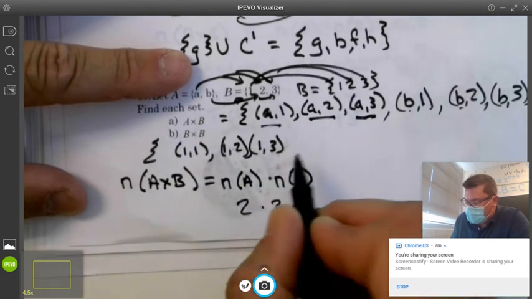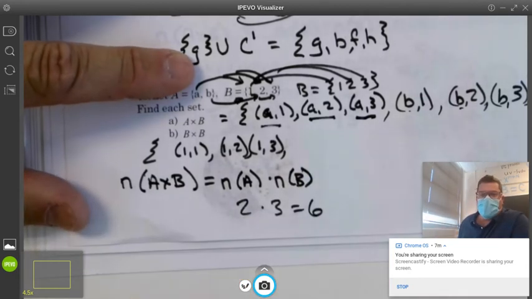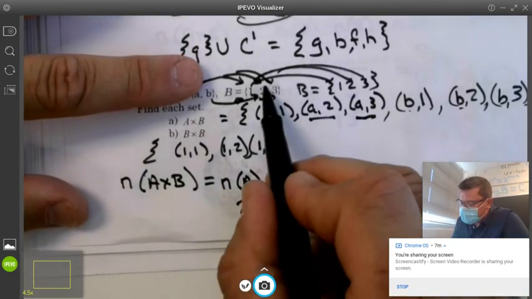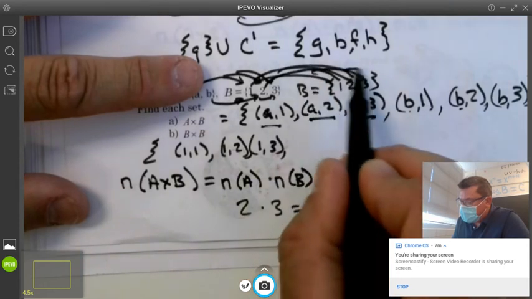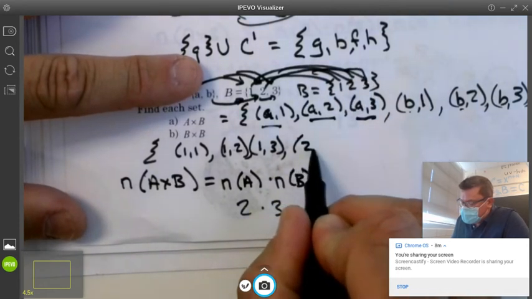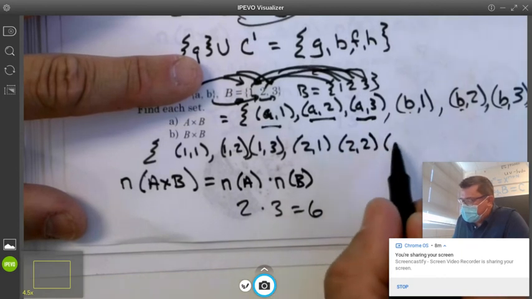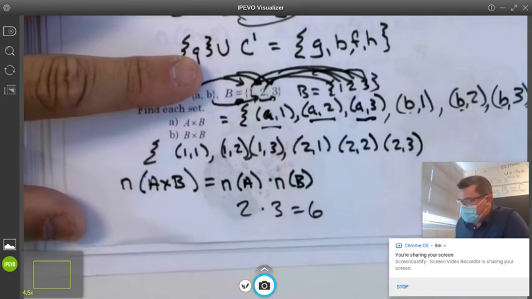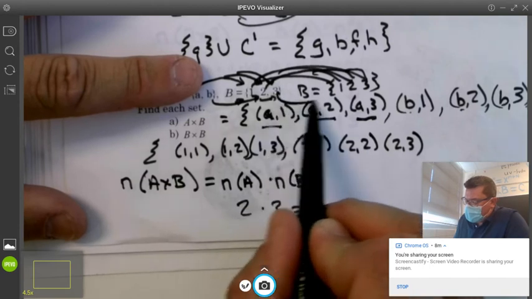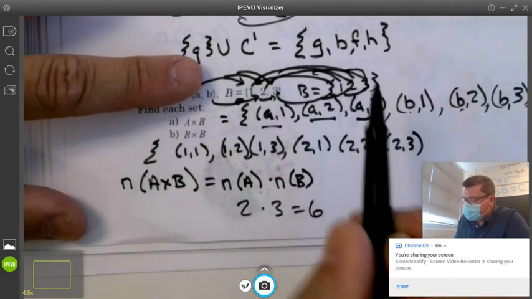Boom, boom, boom. We're 1/3 done. 2 pairs up with 1, itself and 3. 3 pairs up with 1, 2, and itself.